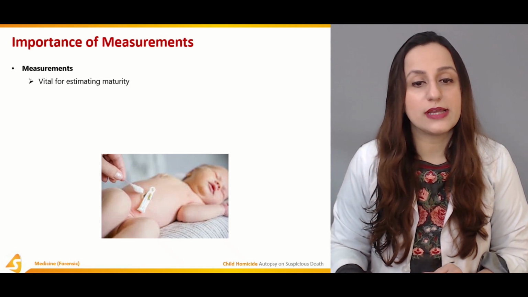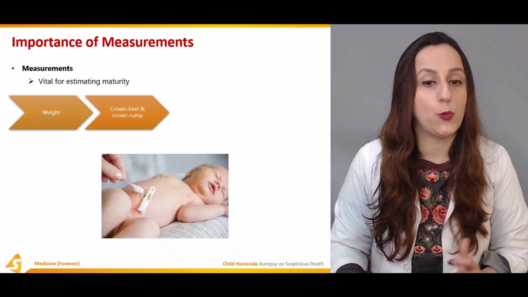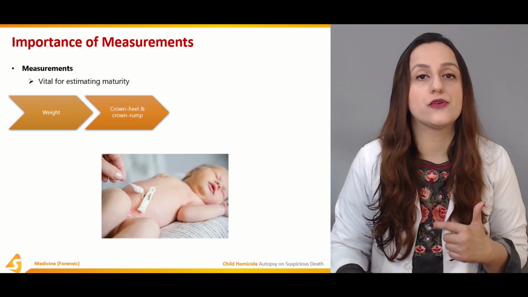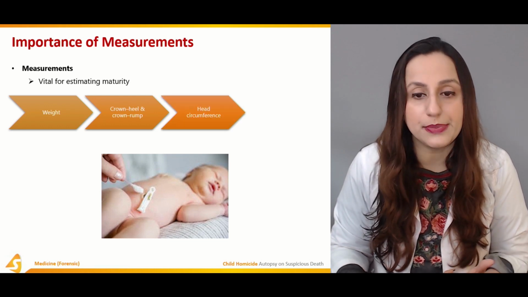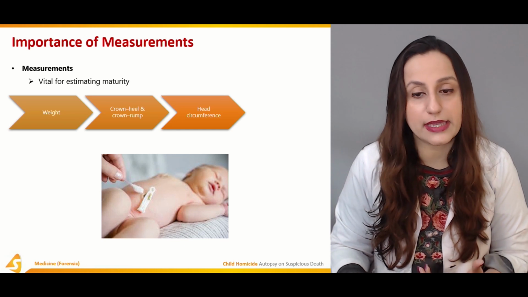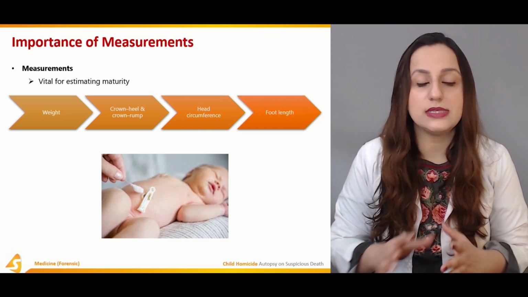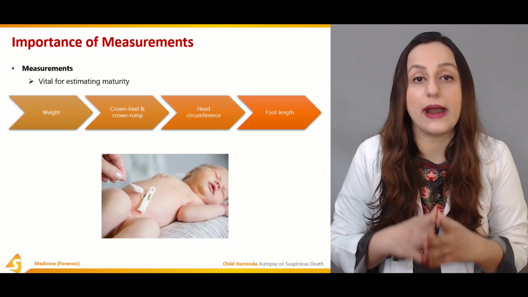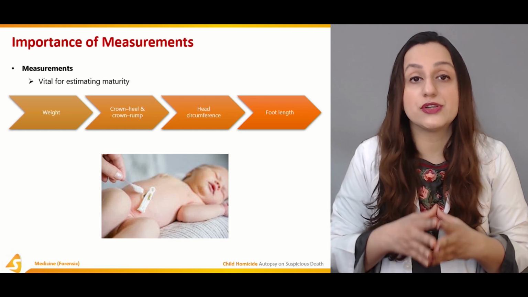And vital for estimating maturity, the weight is one of the indicators, and then we look for the crown heel and the crown rump, and the head circumference is also taken at this level, and the foot length. So these are the important measurements after a viable birth or after a live birth.